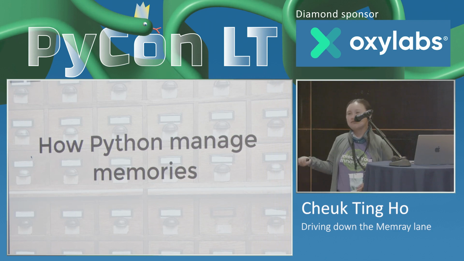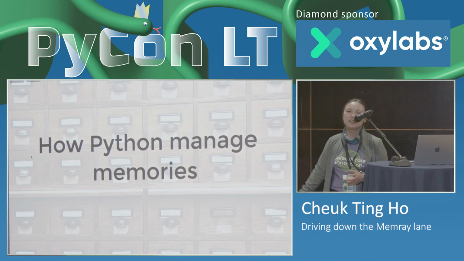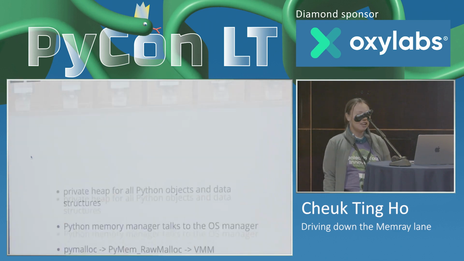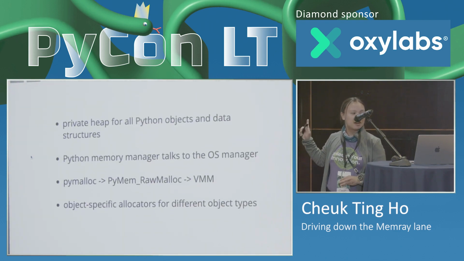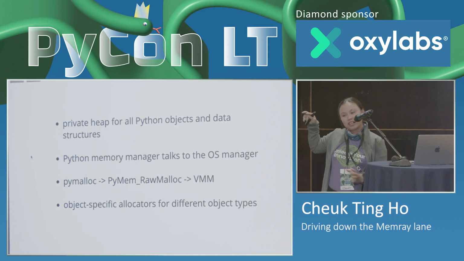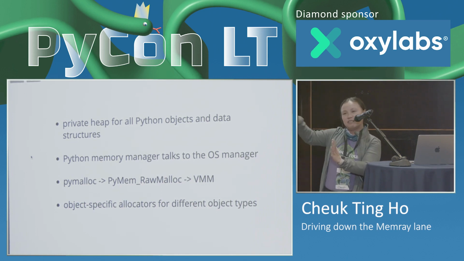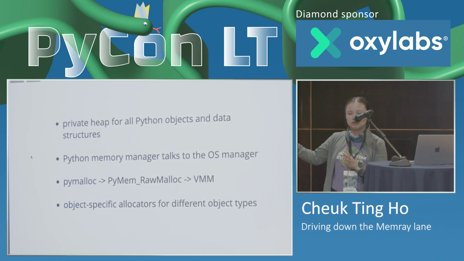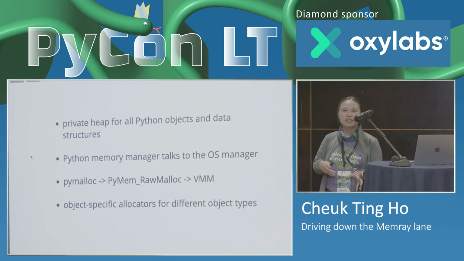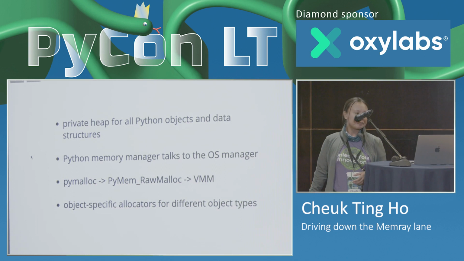But Python works on all the different things, right? So Python has its own way of handling the memory, especially the small memory. Python will keep a private heap for itself. That's why it's not the most efficient thing in the world, because Python claims it whether you use it or not. And Python has its own memory manager, which communicates with your operating system's manager, so they work together.